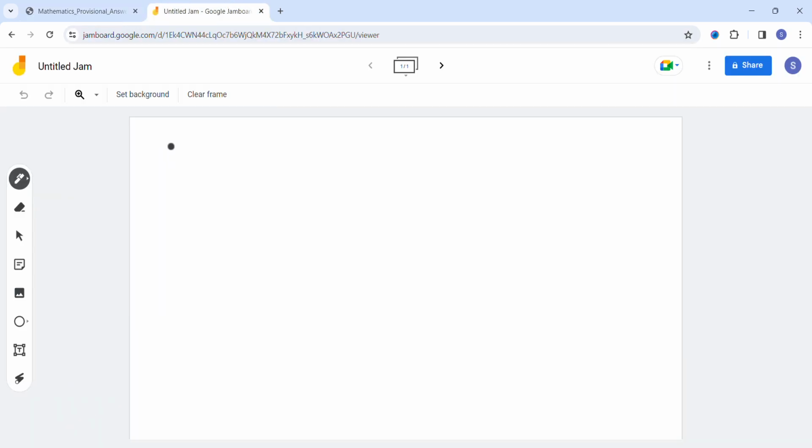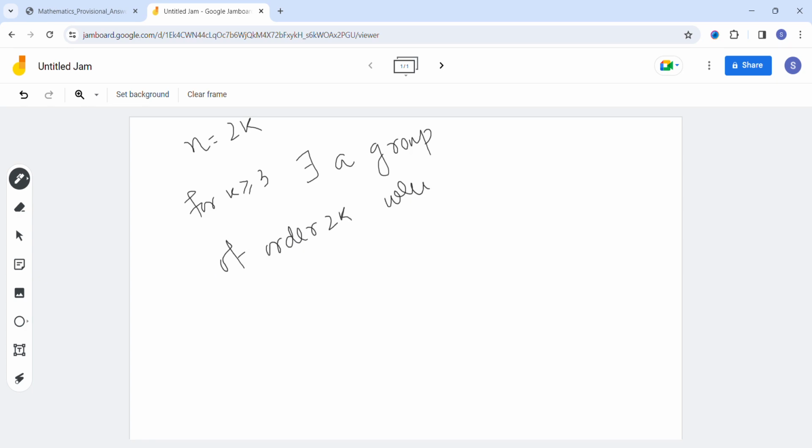So it is given that n is a positive even integer, right? So n equal to 2k, and for k greater or equal to 3, there exists a group of order 2k which is non-abelian.